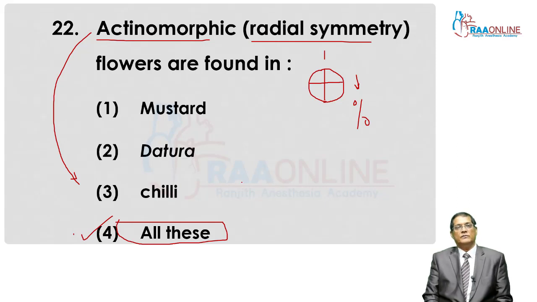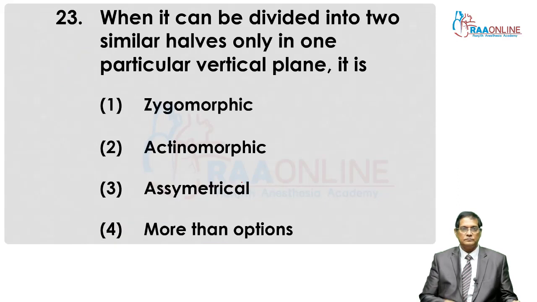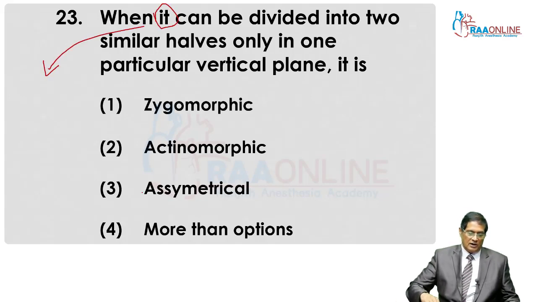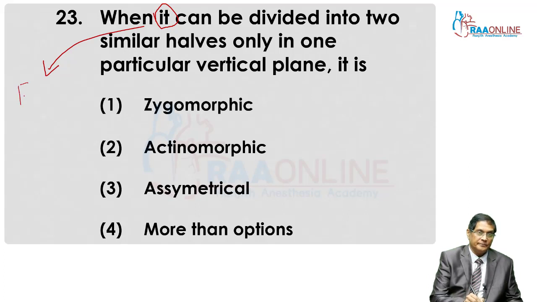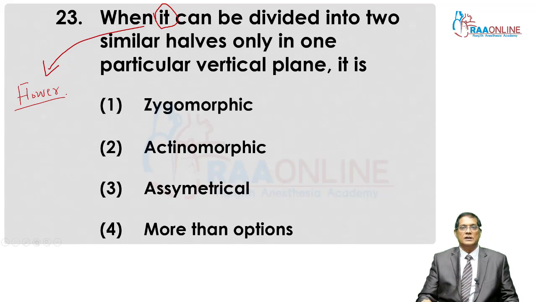All three types of flowers are mentioned in the NCERT with their examples. Zygomorphic is when a flower can be divided into two similar halves from one vertical plane only.